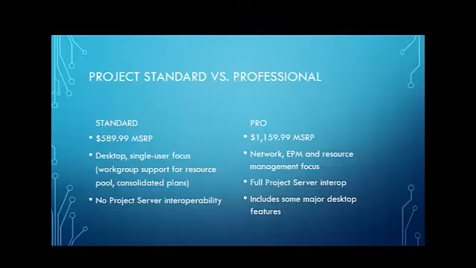Of course, with Standard and Pro, you can use both in a single user focus on the desktop. With Standard, there is some degree of what I would call small workgroup support. This includes strategies like posting your centralized resource pool on a share, for example, and then all the project managers in your org sharing that same resource pool.